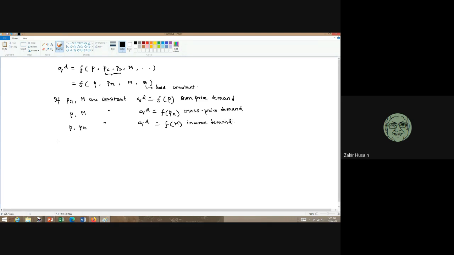Okay. So we can define the income elasticity as partial dx by dm into m by x. Sorry, I just wrote minus carelessly. So this is what we call the income elasticity of demand.